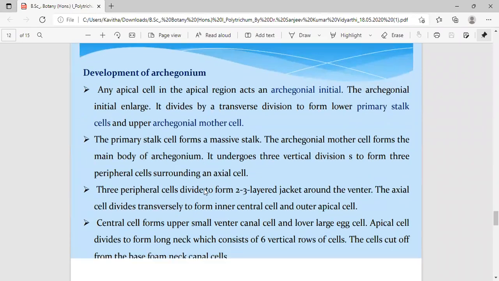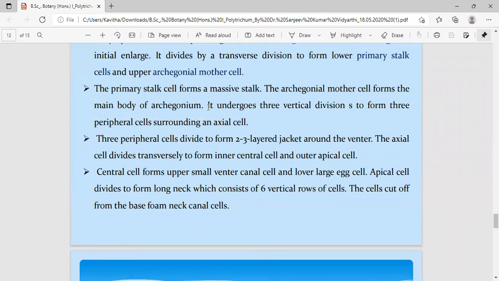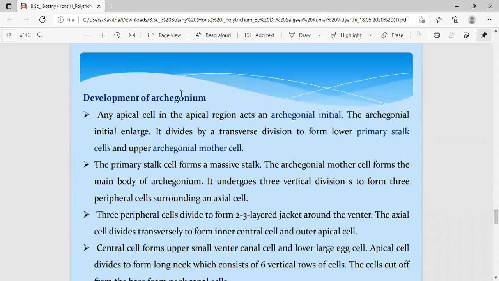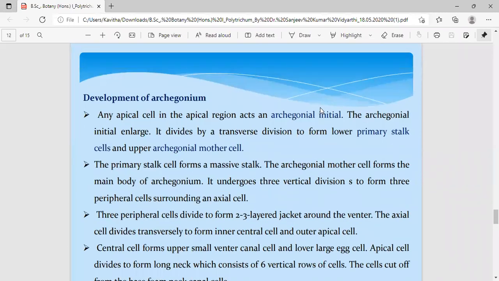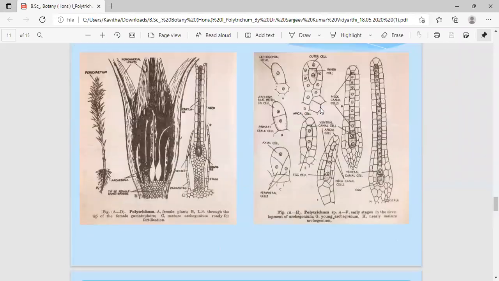Now, how is this archegonium developed? Each archegonium is developed from an archegonial initial. This archegonial initial will divide by a transverse division and form a stalk and the upper archegonial mother cell.